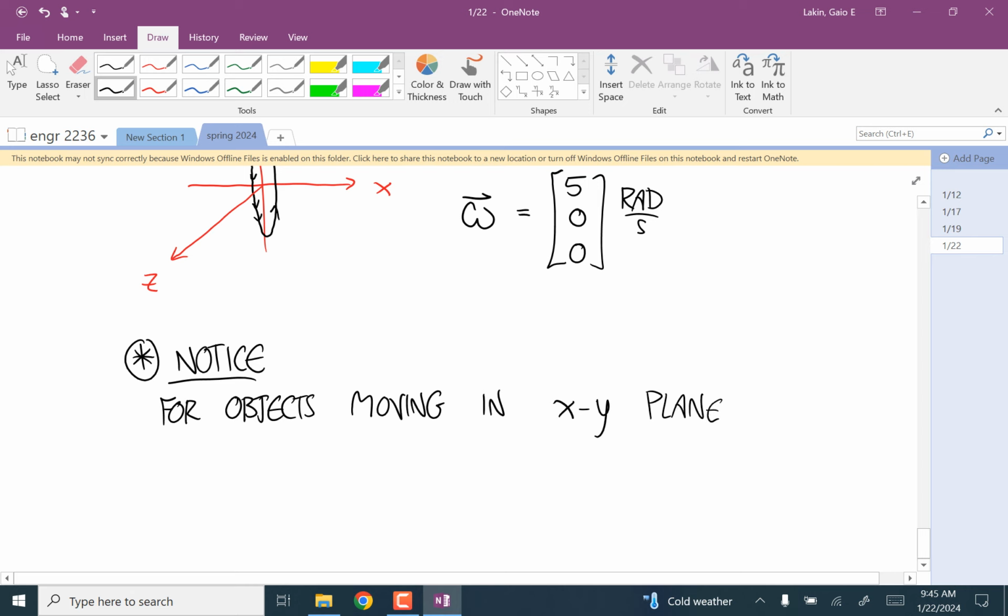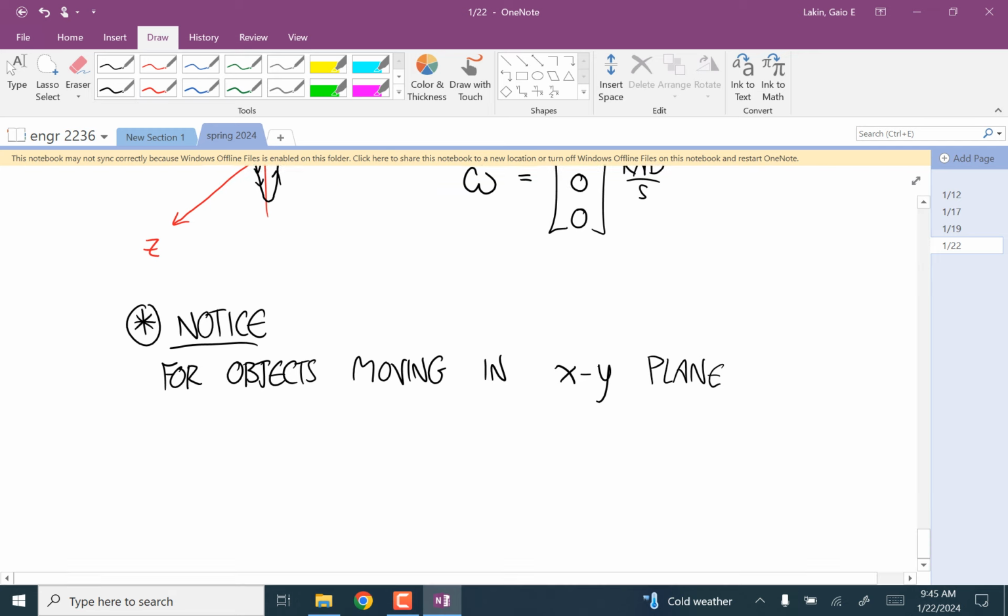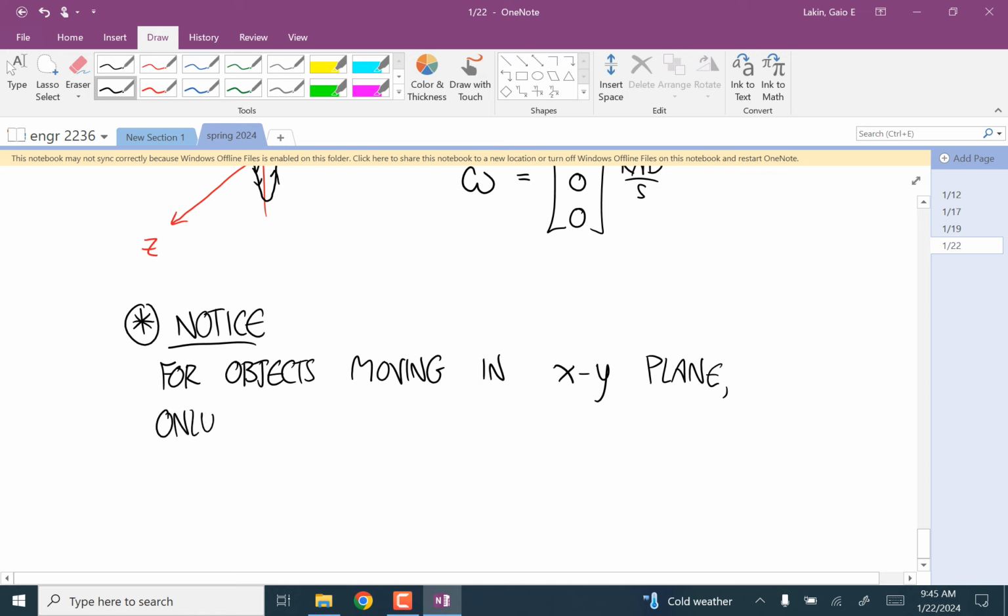There's only one component of an angular velocity that's non-zero. Z, yep. So for objects moving in the xy plane, only the Z component of omega is non-zero.